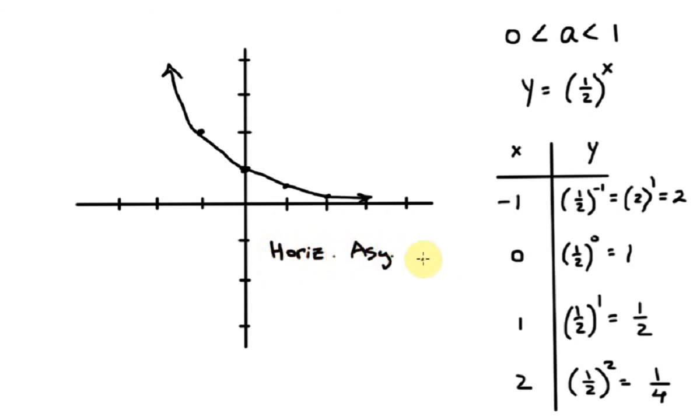So the horizontal asymptote, again, is the x-axis, or y equals 0. Again, the y-intercept is at 0, 1. The range is going to be y's that are greater than 0.